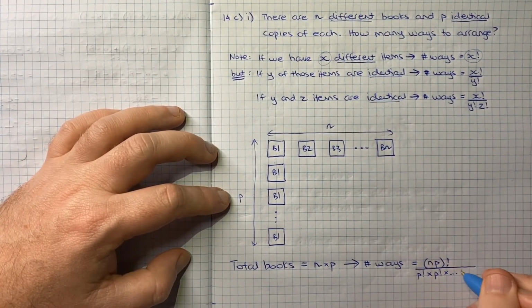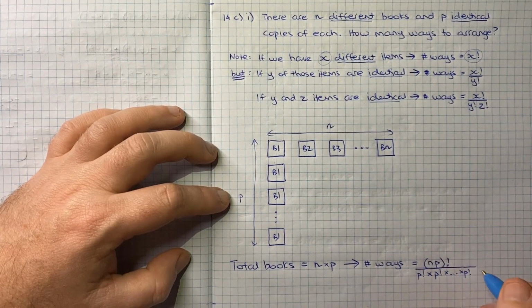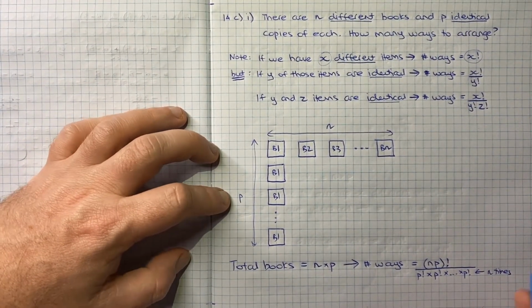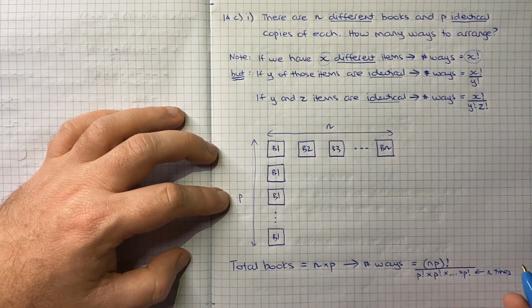And we've got to keep dividing by p factorial n times. Basically, we've done this n times because there's n sets of identical copies of books.